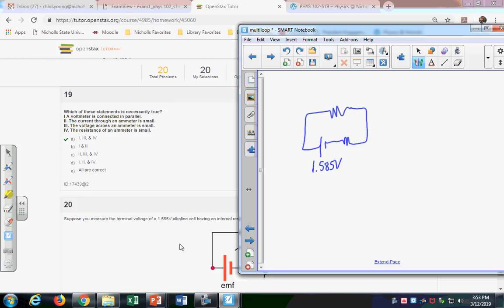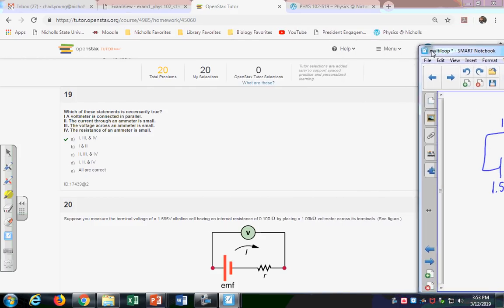That's my EMF. It says the terminal voltage of a 1.58 alkaline cell. The internal resistance here is 0.1 ohms, and I'm using a 1,000 ohm voltmeter.